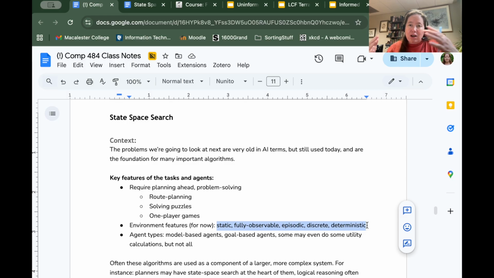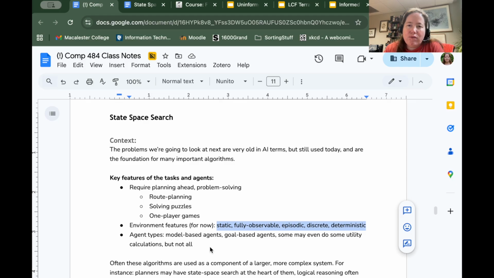So we start up in some start state for a problem, we solve the problem, and then we're done. It's not an ongoing, endless process. We typically also assume that the problem space is discrete and that it's deterministic. So there's not a lot of randomness in terms of the effects of the agent's movements.